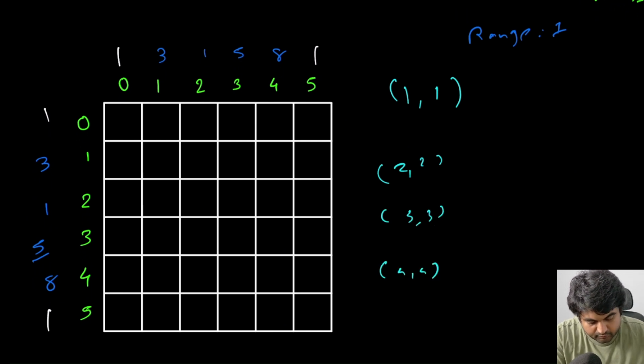Now for 1 1, if this were the last value we are going to burst, what is going to be the result? Because the range is 1, we are only incrementing the neighboring cell by 1. So 3 multiplied by 1 multiplied by 1, the maximum value we can generate is 3, so we will mark it here.